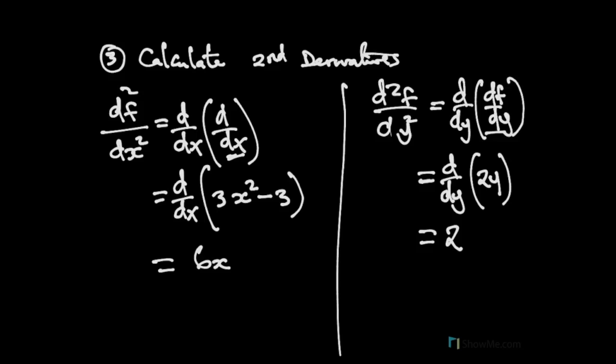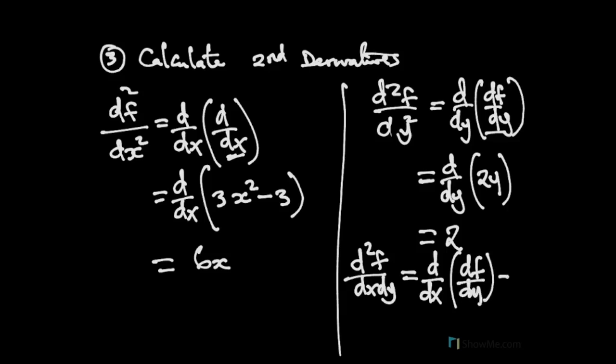Now we need to find that. So this is just saying the derivative of the function with respect to x and y will be equal to, but we know the derivative with respect to y is 2, and with respect to x, this will be 0.